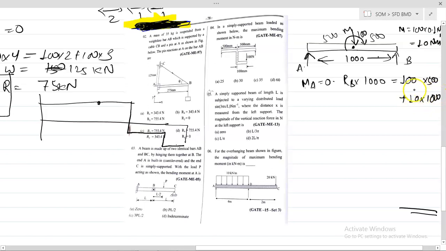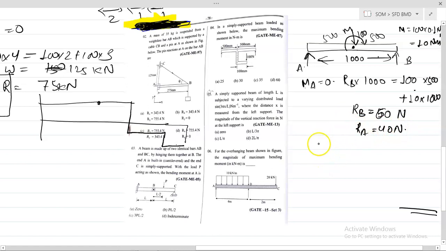Why 1000? Because it is Newton meter, so I need to put it in Newton mm. So RB value is 50 plus 10, sorry, I am getting 60 Newton for RB, and your RA is around 40 Newton.